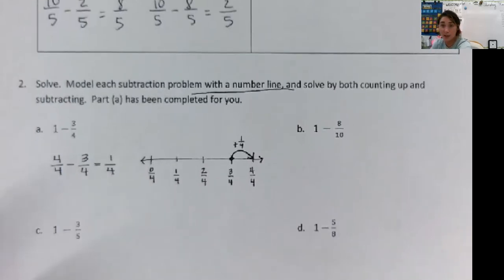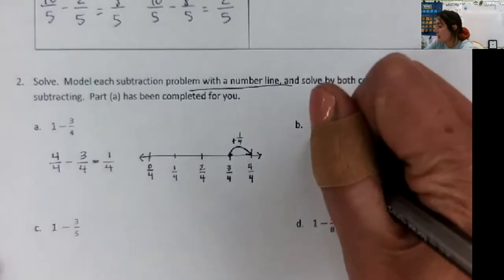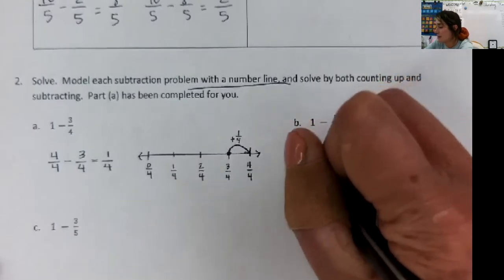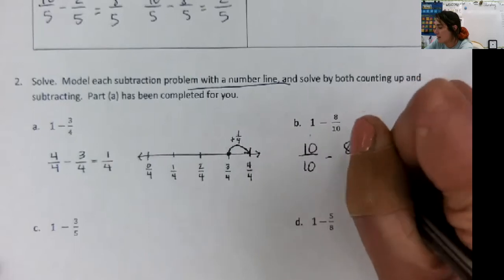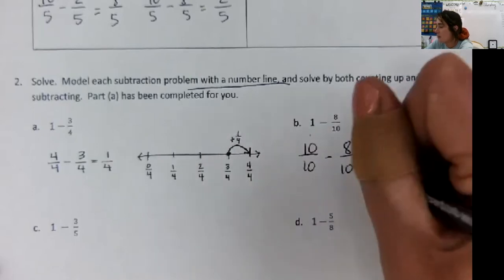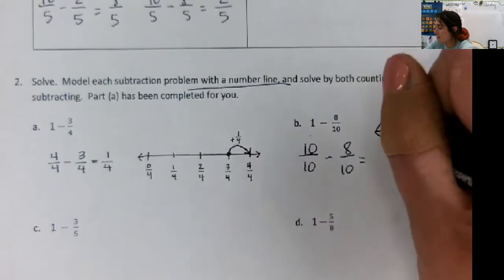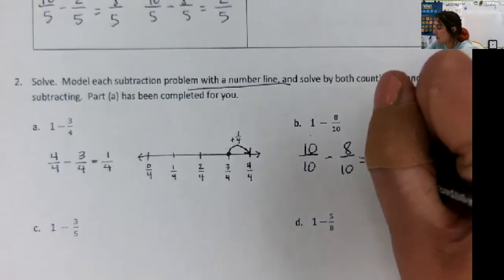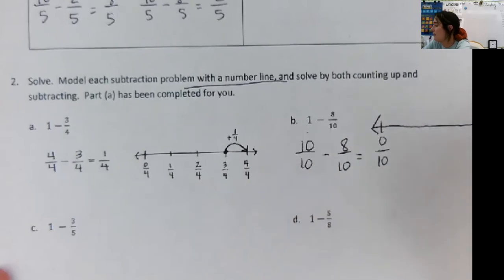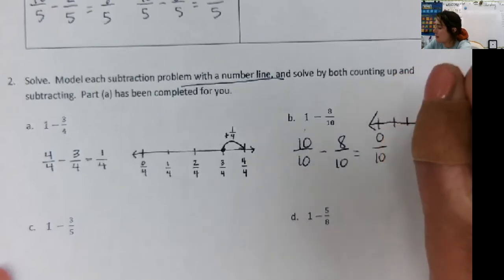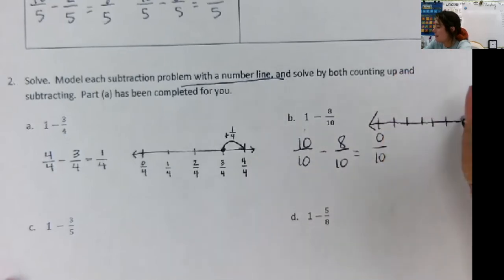I'm going to do B with you. So I'm seeing that we're using tenths. So 1 whole in tenths is 10 tenths minus 8 tenths equals. I'm going to draw my number line. I have 0 tenths and I have 10 tenths. Then I'm going to split this into tenths.